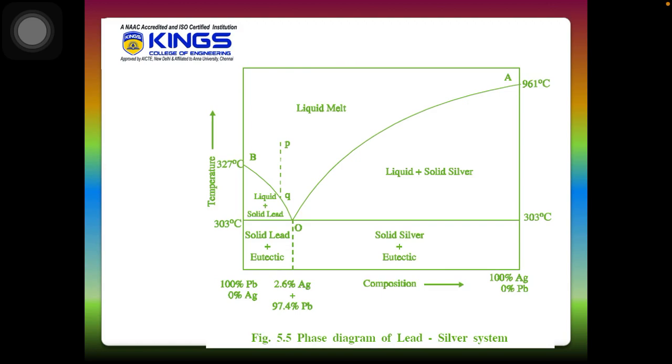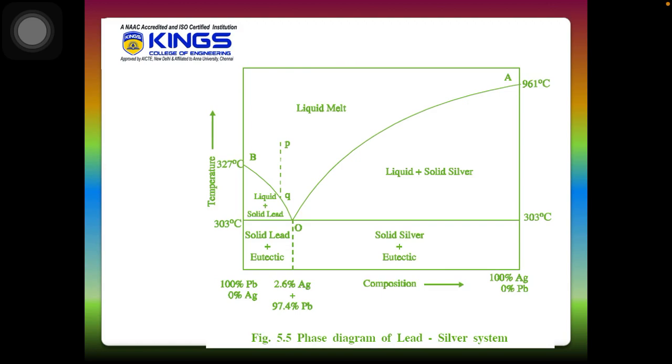Here we can see we are getting two curves, namely AO and BO. First of all, we will see the curve AO. The curve AO is the freezing point curve of silver. The point A indicates the melting point of silver, 961 degrees centigrade. The curve AO represents the freezing of silver by the successive addition of lead.